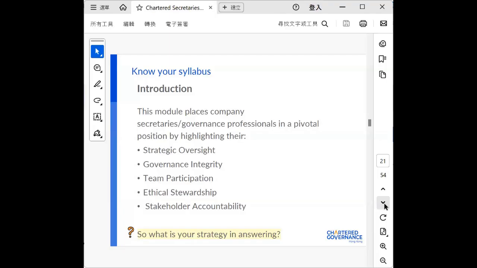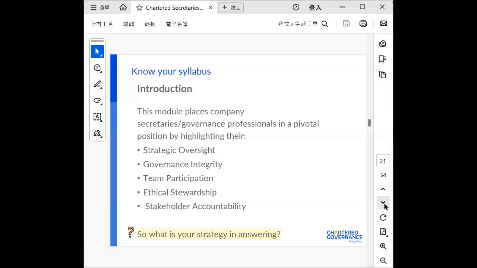Then the human side, the people side, that you have to consider: the leadership, governance, team cooperation, stakeholders' cooperation, empowerment, that sort of thing. And lastly, it will be related to culture and ethical issues.